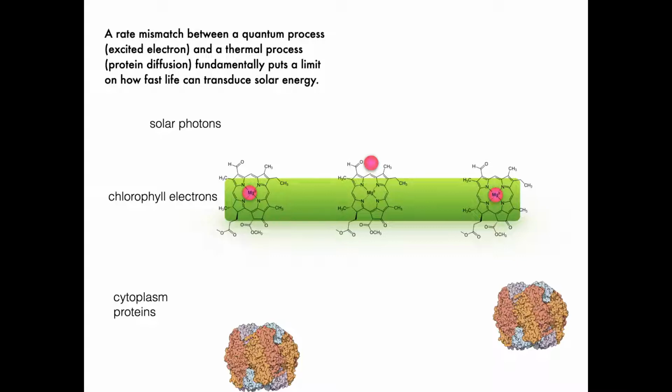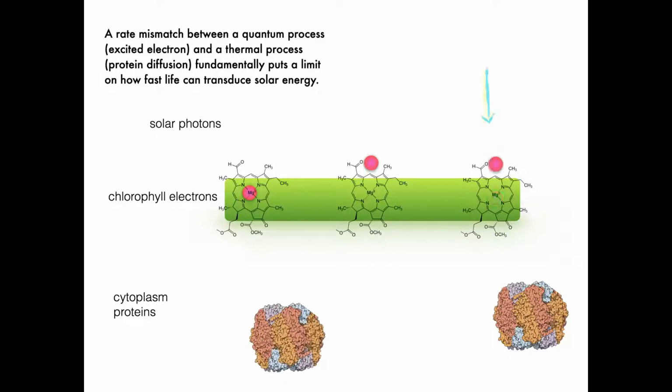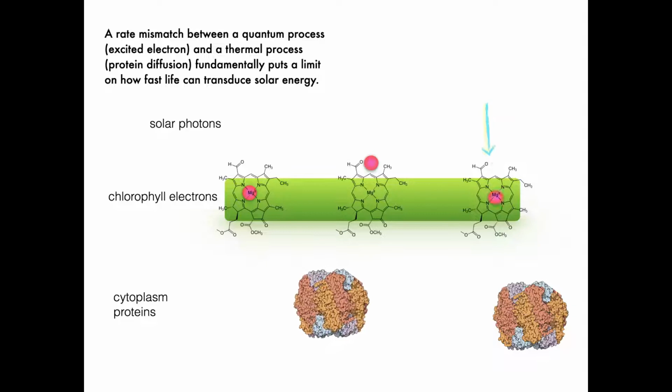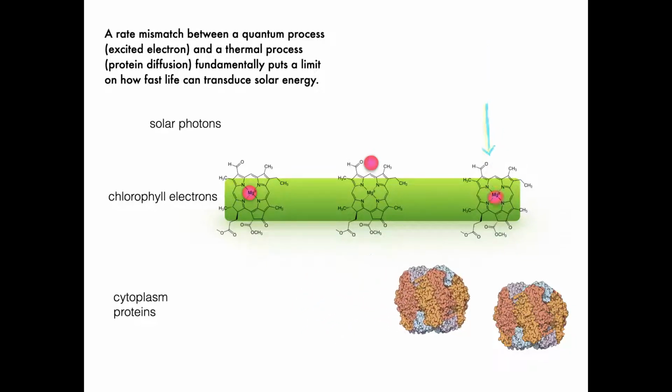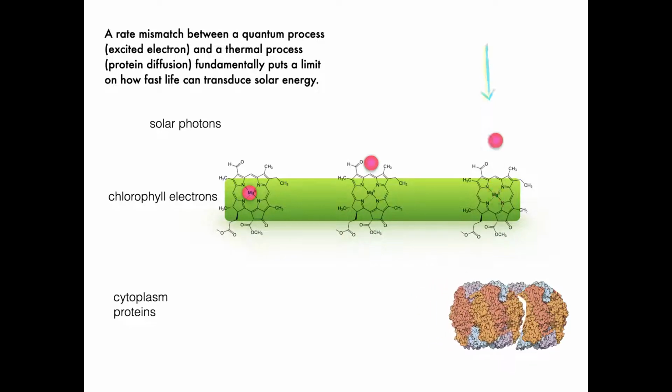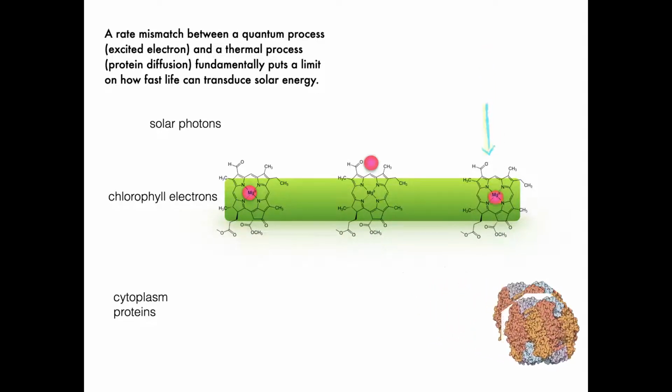The quantum process can go absurdly fast, and the diffusive thermal process is stuck being several orders of magnitude slower. So if your solar flux is such that you can do these electronic excitation events really quickly, there's just no way you're going to get protein diffusion to catch up. It's this rate mismatch between thermal and quantum processes that you can't fix.